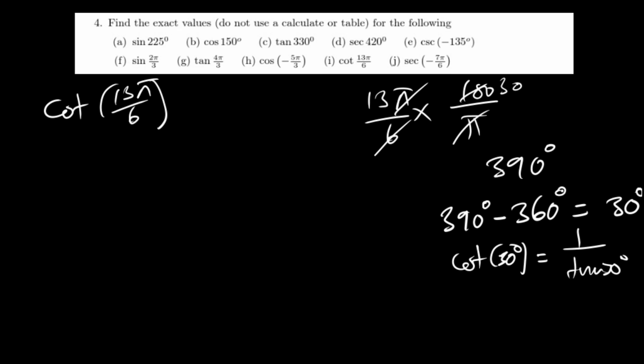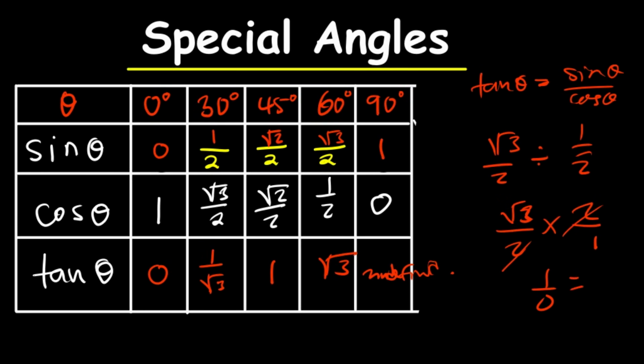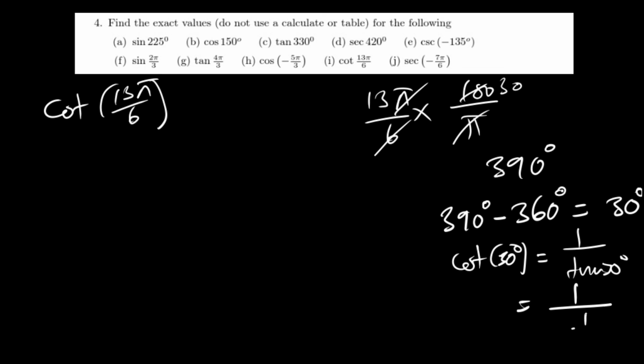So we have now 1 over tan 30. Tan 30, if I look at my table, is 1 over root 3.